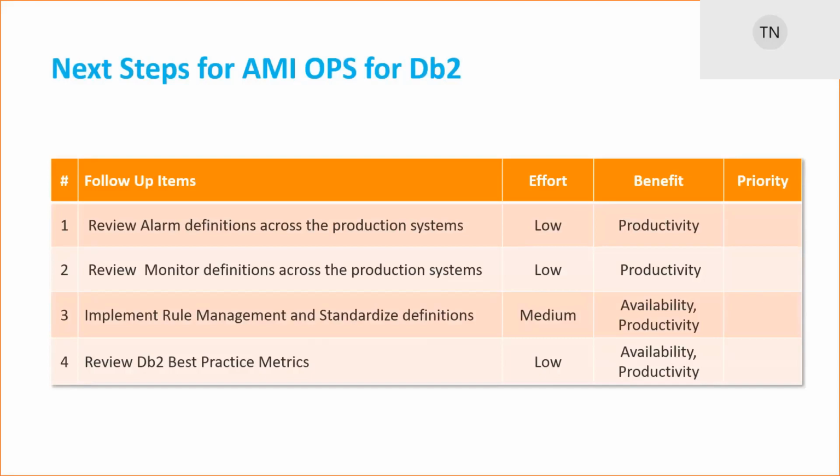What they determined was the most important, maybe you can guess, is that fourth one. They put that as priority 1. That's something they want to get their arms around. Number 2 is review the alarm definitions, then review the monitor definitions, and then finally implement rule management and standardized definitions. So everything that I've shown you is presented and given to the customer so that they can work from it.